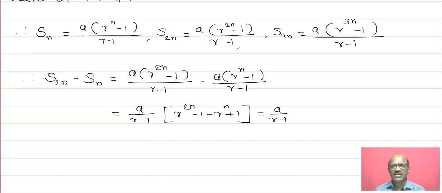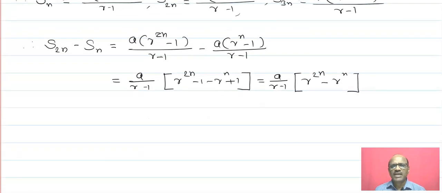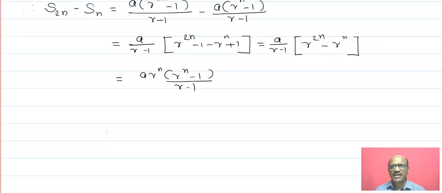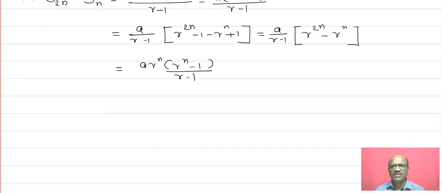Minus 1 and plus 1 get cancelled. Then in bracket you will get A upon r minus 1 into r raised to 2n minus r raised to n. Therefore, A into r raised to n taken as common, then in bracket r raised to n minus 1 upon r minus 1.